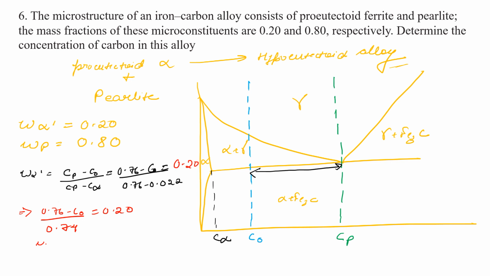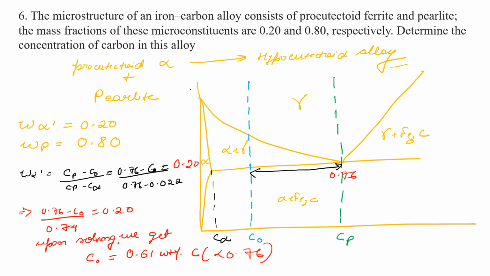Upon solving, we get C naught as 0.61% carbon, which makes sense also, because if it is precipitating out pro-eutectoid alpha, it should lie less than 0.76, which is what our answer also says. So it's the concentration of carbon that we were asked.